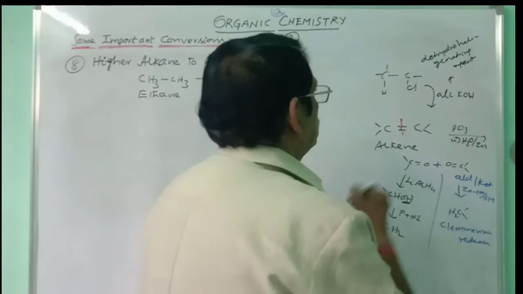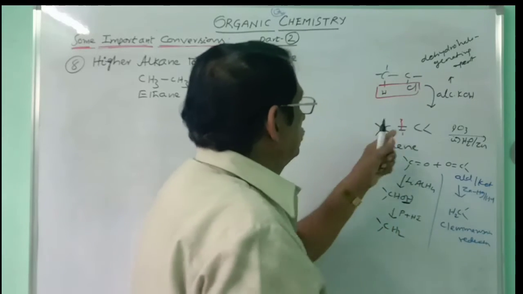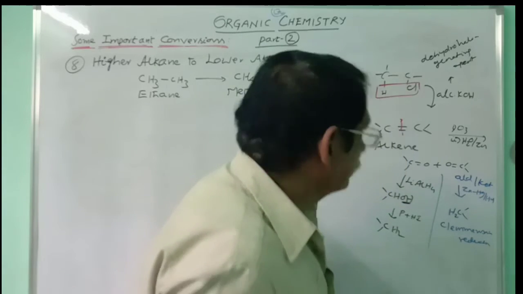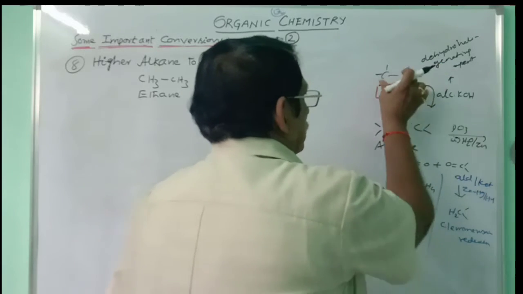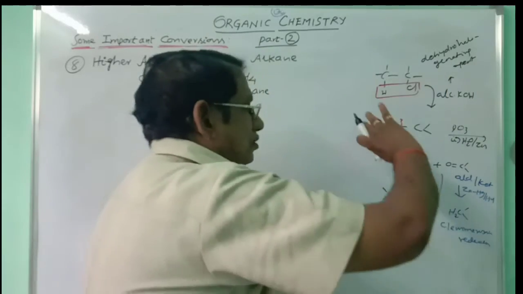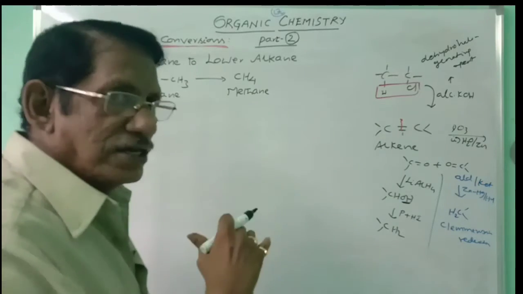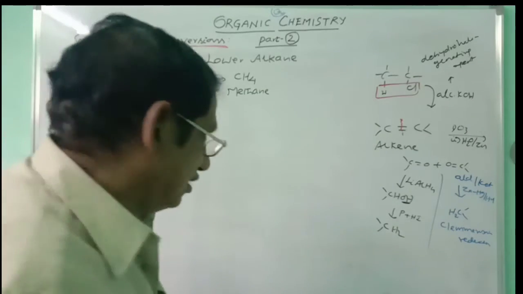Thereby the HCl will be eliminated. This is the elimination reaction. And so it will be converted into C=C automatically. So in this way, alkyl halide can be converted into alkene by using alcoholic KOH. Using these principles, now we will try to convert higher alkane into lower alkane.